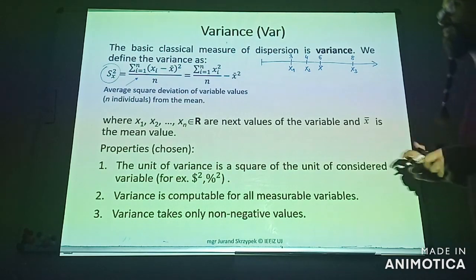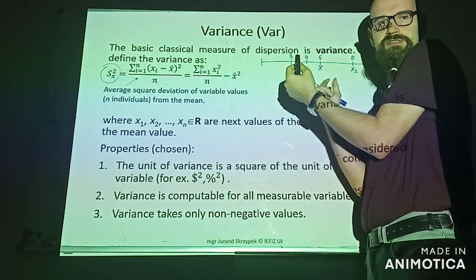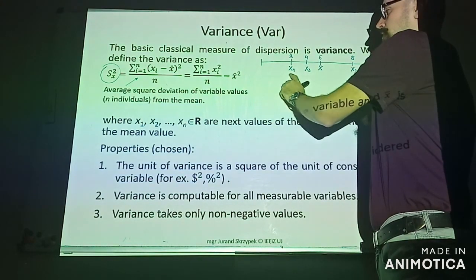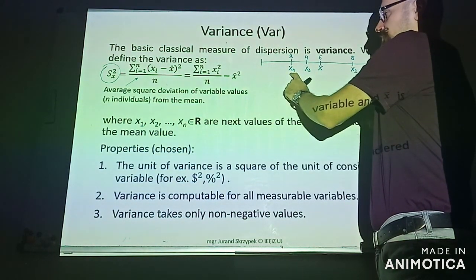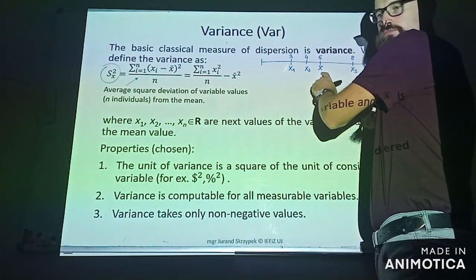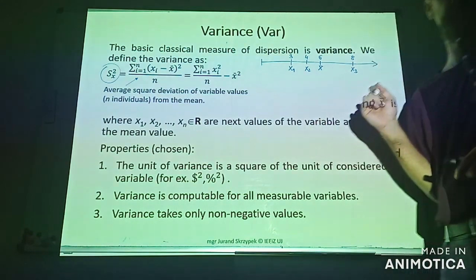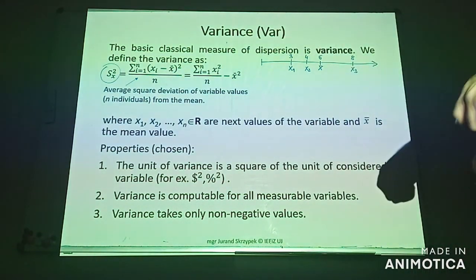In the next step, we are looking for the deviations. The deviation is the difference between the variable value and the mean value. So this is actually the distance between the variable value and the mean value.